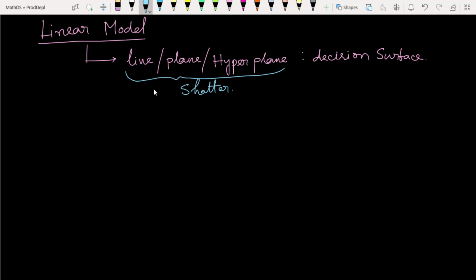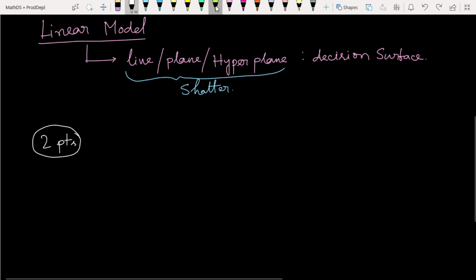Okay, so first let's try to understand through two points. Suppose in a plane we have only two points. Is it possible to separate them? Suppose we have only plus plus, with no negative points. Then obviously it is possible.